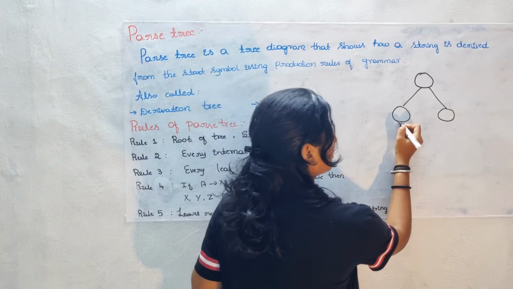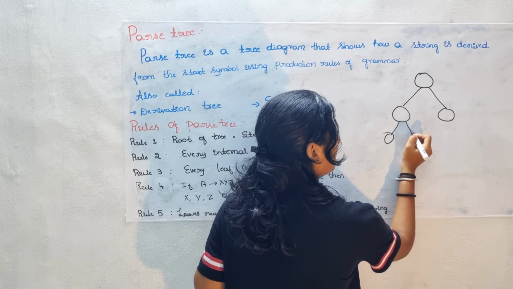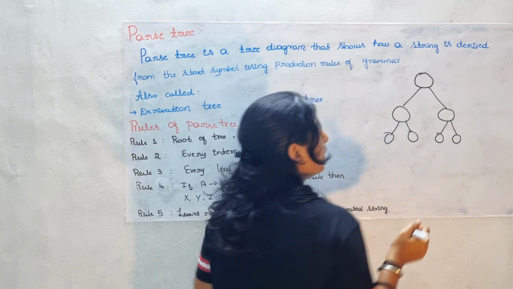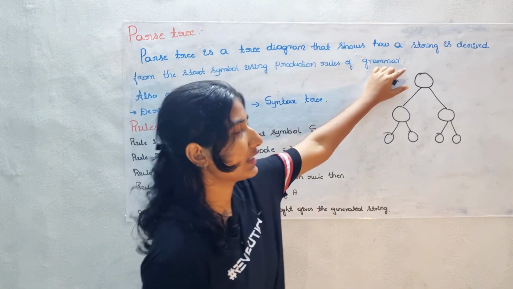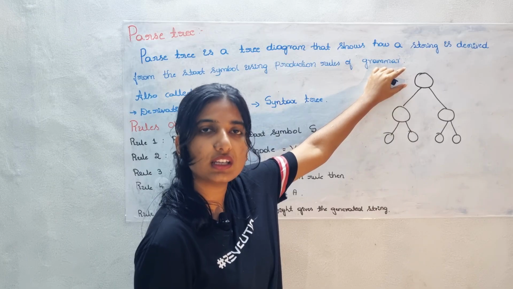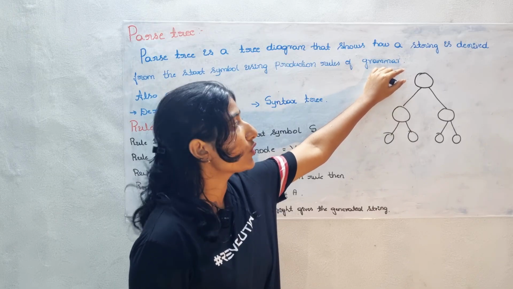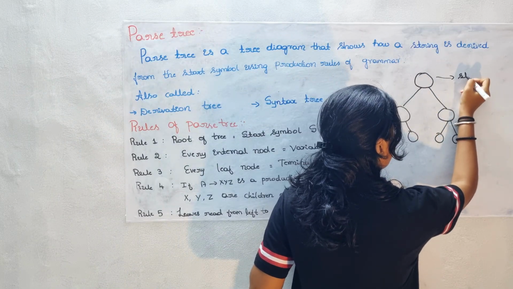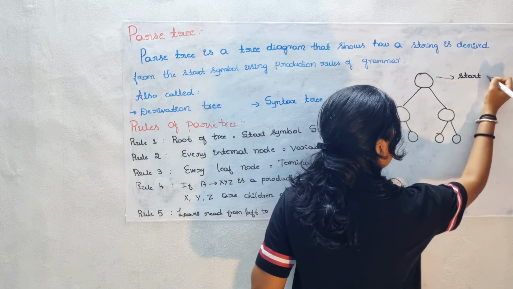And then their children will be at the bottom, right? So here, which is the root node? Root node is this one, right? Who is the root of the family? The root of the family will be the grandfather or the great ancestors, right? So here, this will be the place of the start symbol.